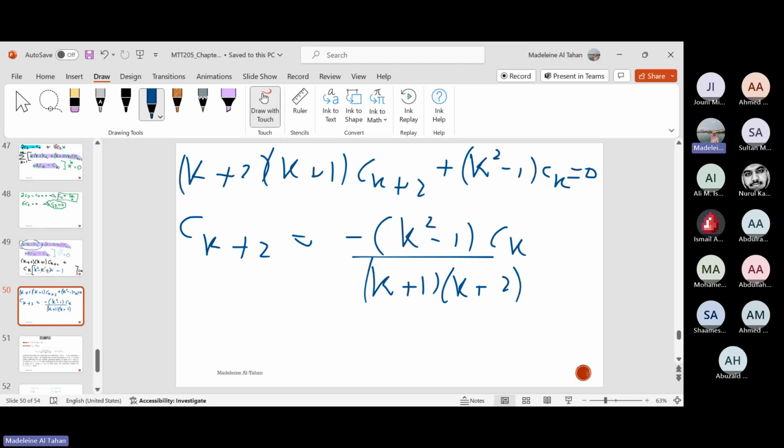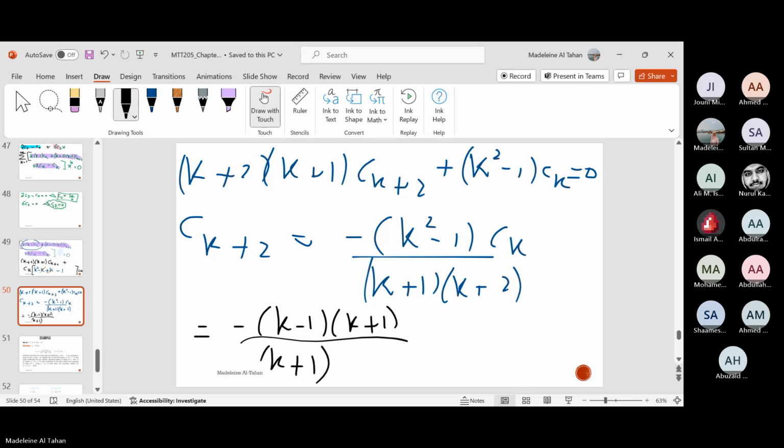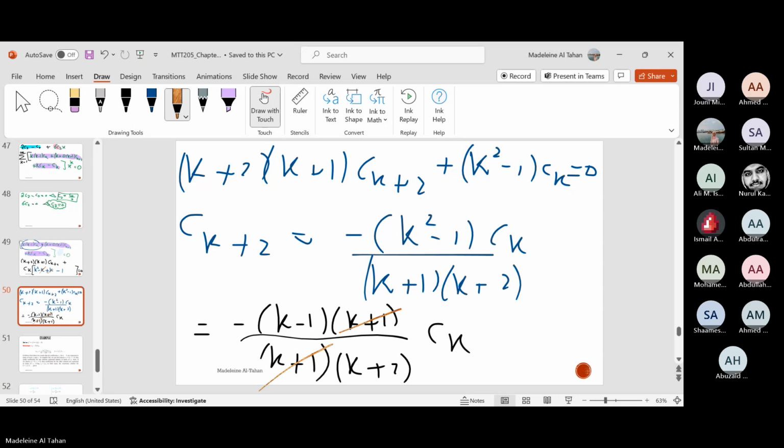This answer is accepted, but are we able to simplify a little bit? Can we remove these two terms together? Is it okay, miss? Just give us 1 minute. Yes.